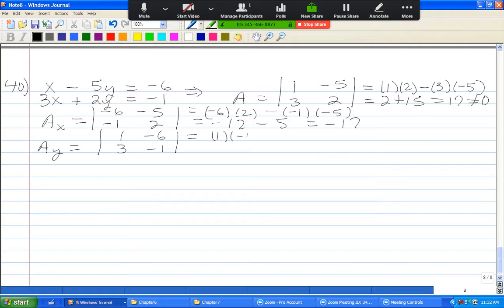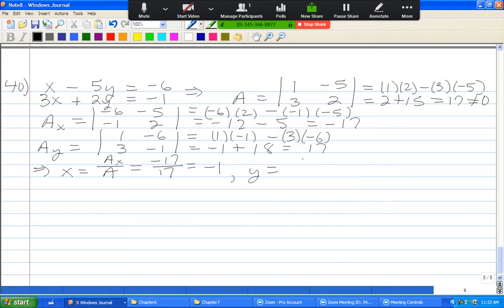So 1 times negative 1 minus 3 times negative 6. Negative 1 plus 18 is 17. So this says that x is A sub x over A, negative 17 over 17, negative 1.